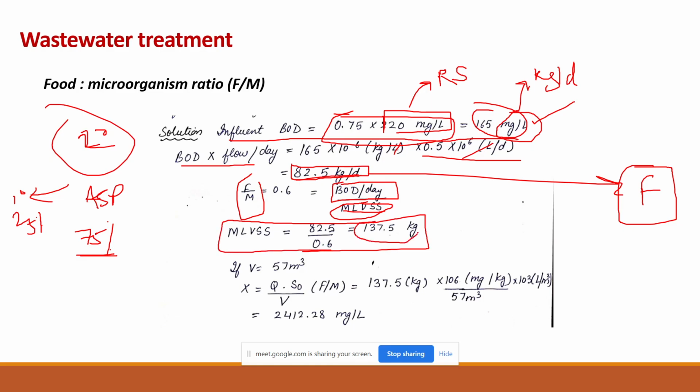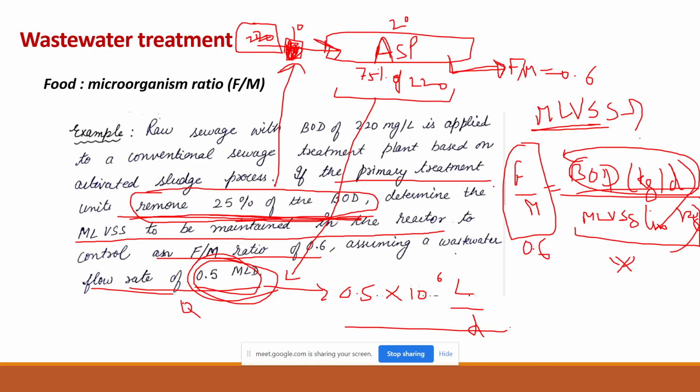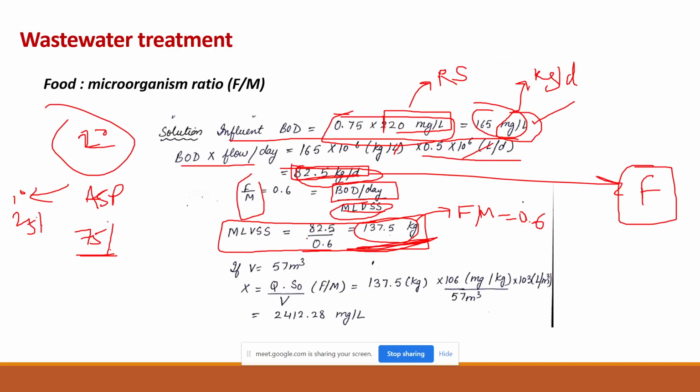So this 137.5 kg microbial biomass is to be maintained in the reactor to have an F by M ratio of 0.6, provided the food available is 82.5 kg per day. Okay. So this is your final answer, 137.5 kg MLVSS is to be maintained. This was asked: determine the MLVSS to be maintained, right?